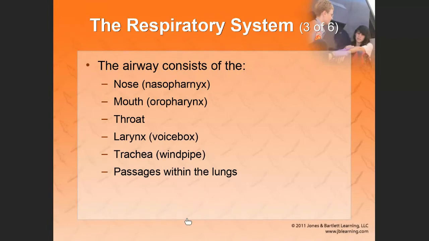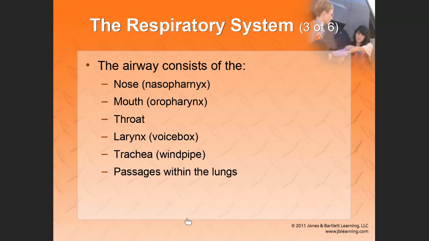The oropharynx refers to the posterior portion of the mouth. Then you have the throat, the larynx, which is referred to as the voice box, and sometimes as where the Adam's apple is, which is more pronounced in males than females.